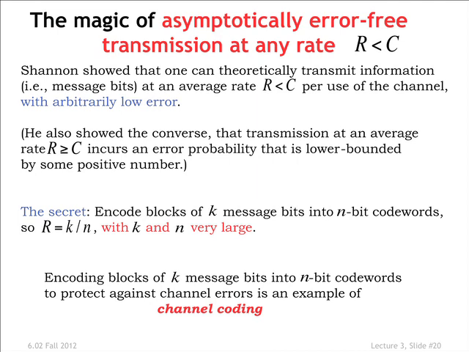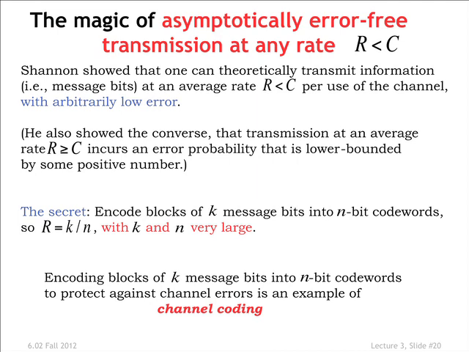Okay, so that's the shocking thing, that as long as you stay below channel capacity, you can transmit with arbitrarily low error. If you try to get to rates above that, you're going to run into trouble. You can't get that probability of error to vanish.